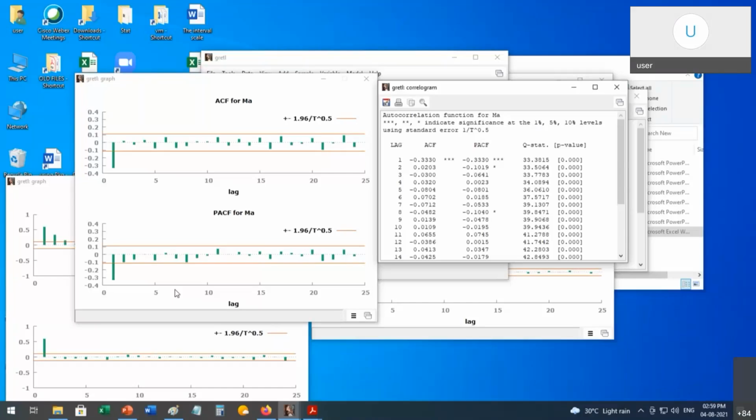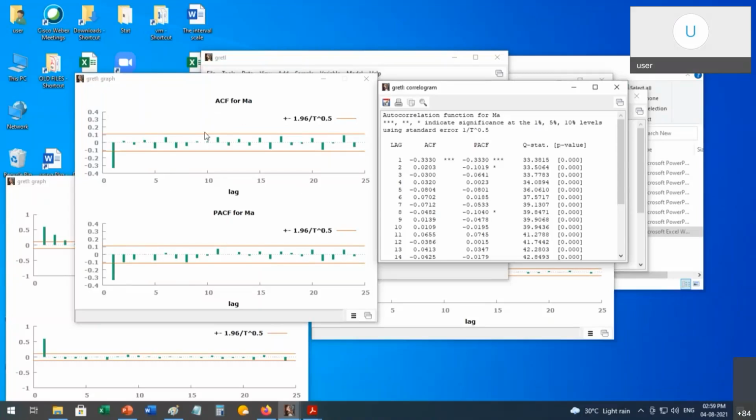We can say that the PACF is fast decay and there is one significant spike in the ACF. Therefore, this is an MA process, an MA1 process. So both interpretations are there. Got the idea? That is why we say ARMA estimation is actually a trial and error method.